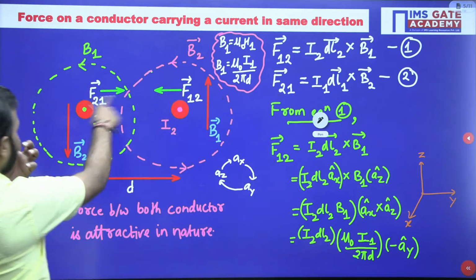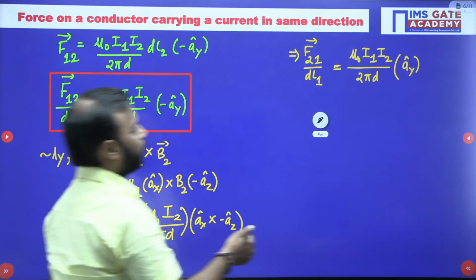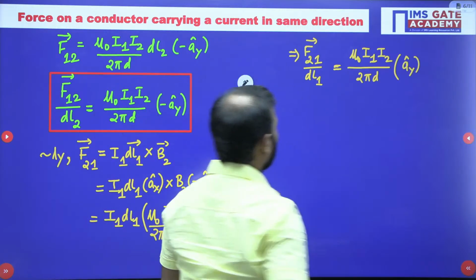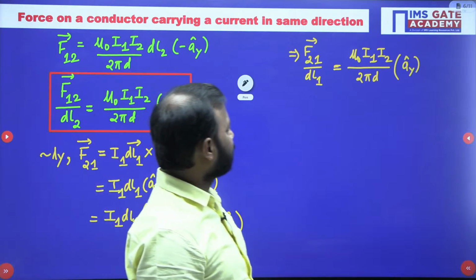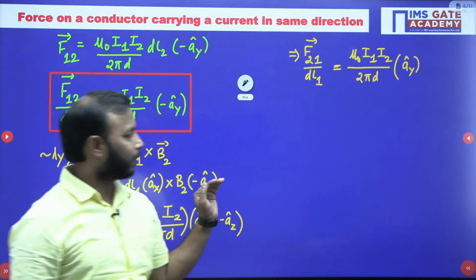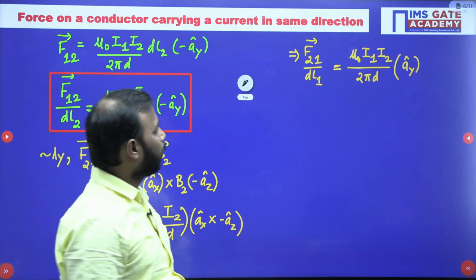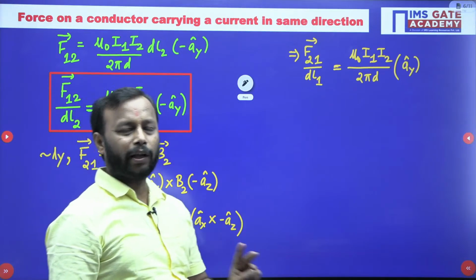So see, that is why I showed F21 from here also. So yes, it is clear that whatever direction we have got from the formula is syncing with what we have obtained. But my dear friend, we are talking about the magnitude.